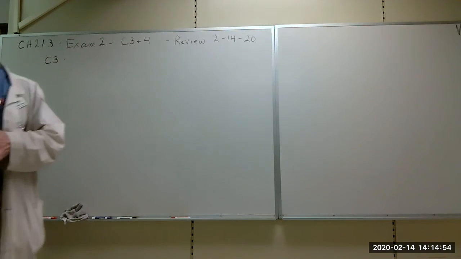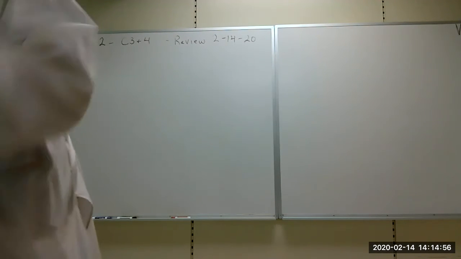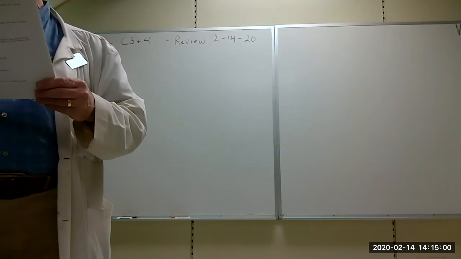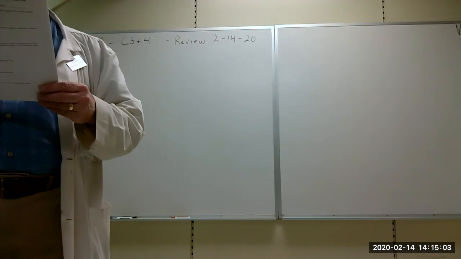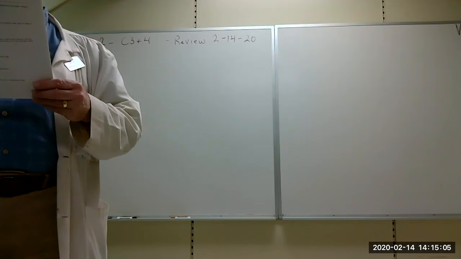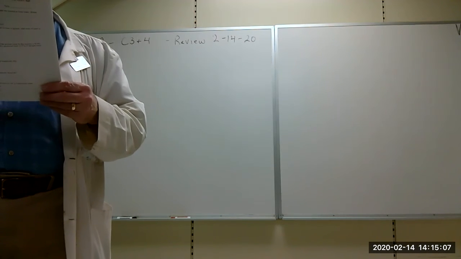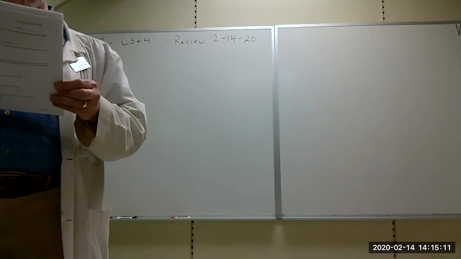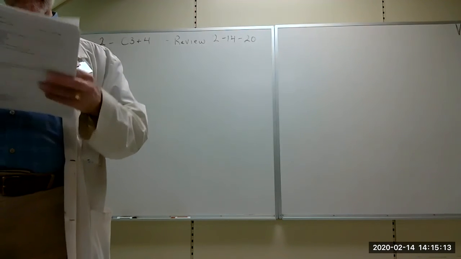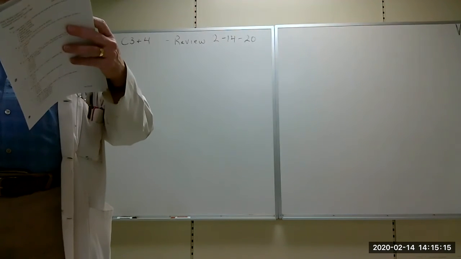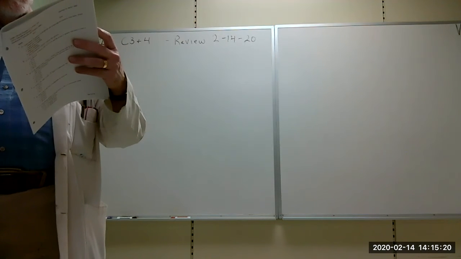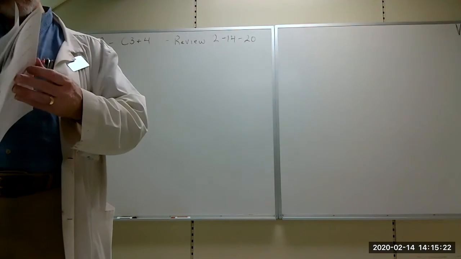Okay. Oh, we're ready for, let's see. Let me see if there's anything else in here that needs to be dealt with. Are you good with balancing combustions? Let me see. I saw one over here a minute ago. Combustion. We take a hydrocarbon.